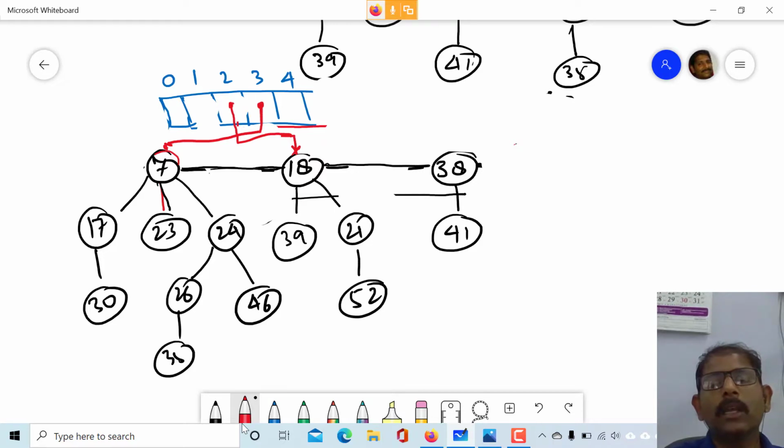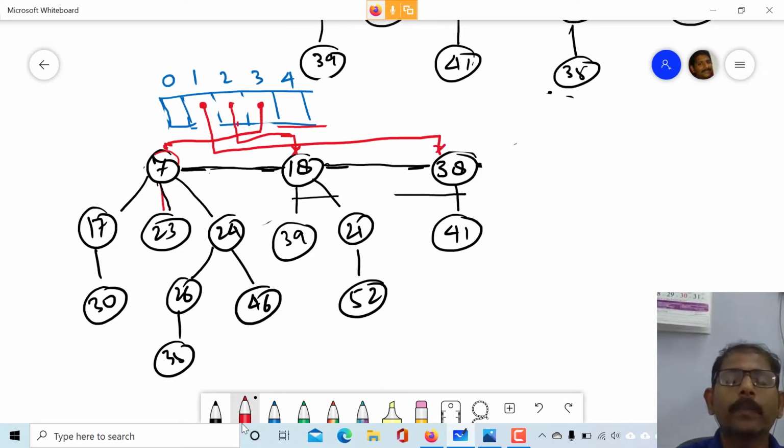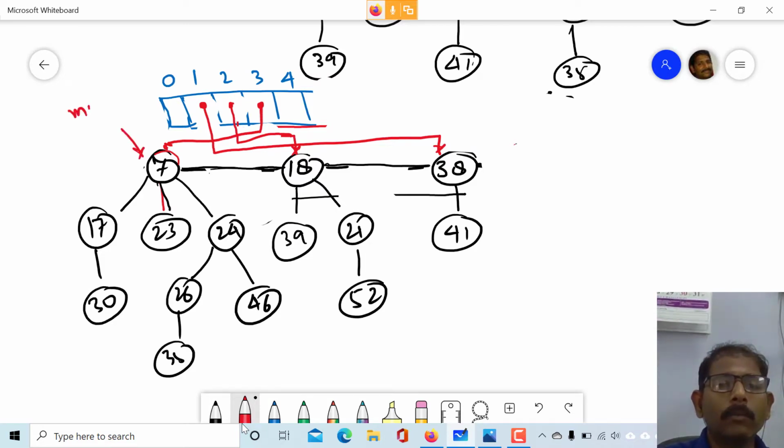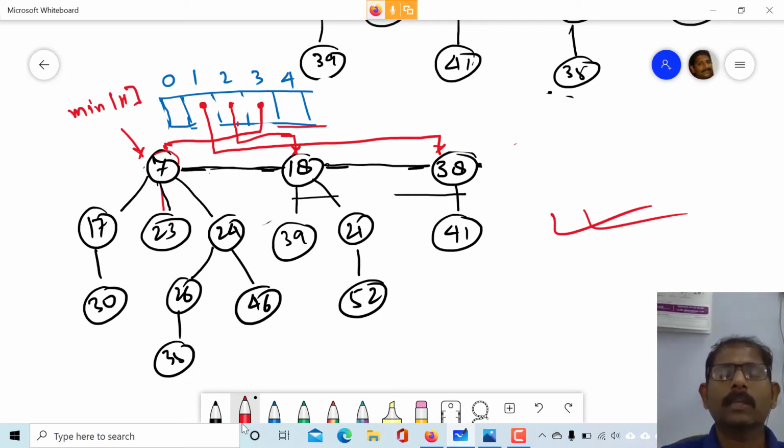Next node is 38 and 38 has degree 1, 1 is free and therefore 1 will be occupied by 38. Okay, and what is the minimum value among these three root nodes? 7 has the minimum value, therefore the min pointer will point to this one. So this is the final Fibonacci heap after extraction.